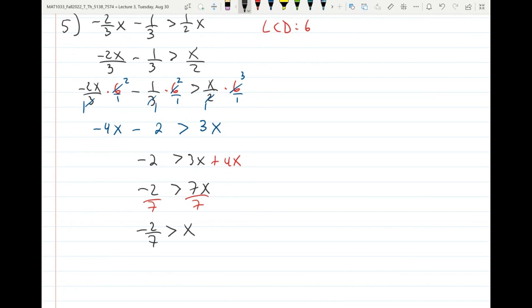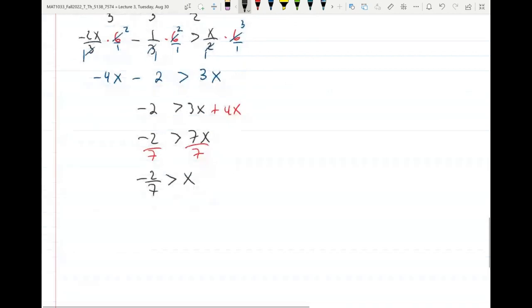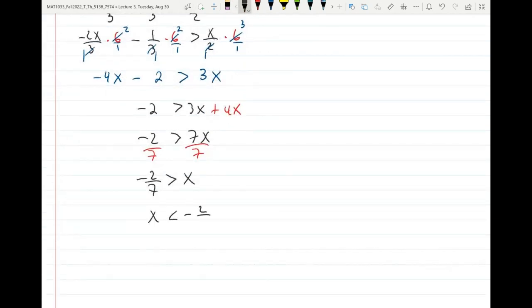This means negative 2 over 7 is greater than x. What is another way of saying this? X is less than negative 2 over 7. You understand this? If this guy is bigger than x, that means x is less than this, right? So if you want, for example, you could rewrite this as what you're used to. Okay? Anyways, it's exactly the same thing. Does that make sense?